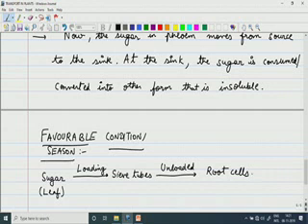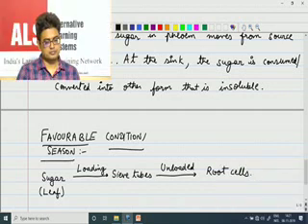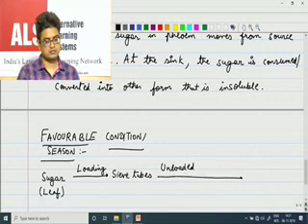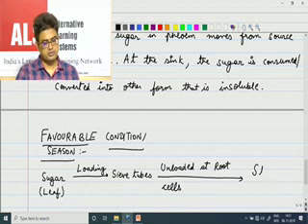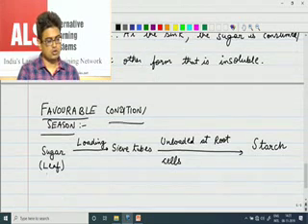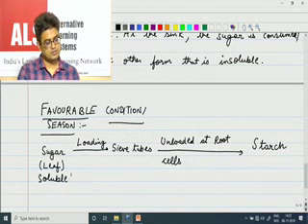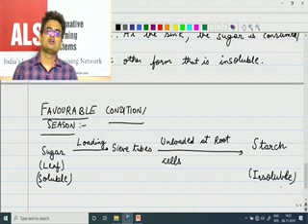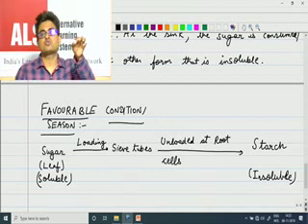And here it is converted into starch. Now sugar is soluble, starch is insoluble. Some part of the sugar will be consumed by the root cells, but most of it will be converted into starch.